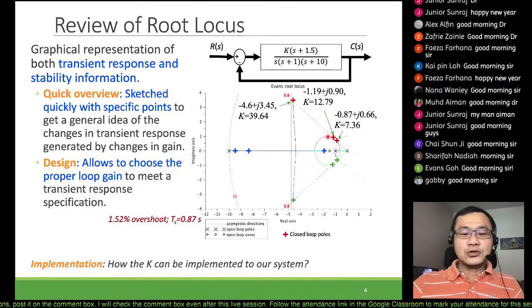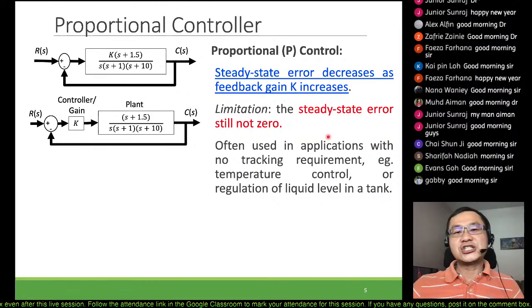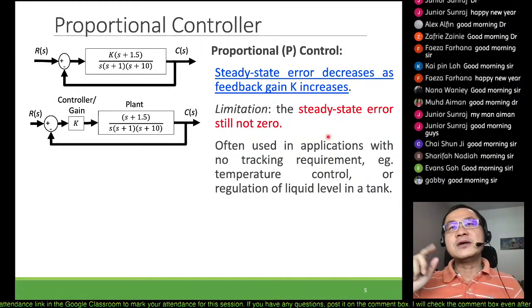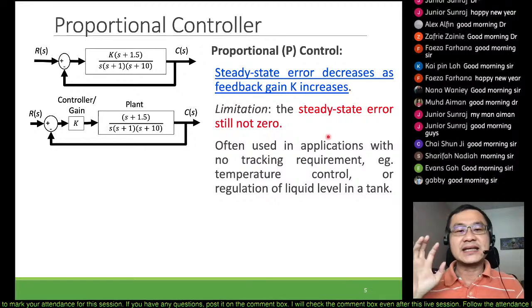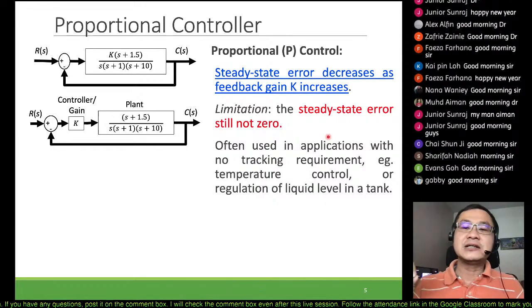So today we would quickly go into a bigger, overall picture. Remember, you have selected in the root locus the K value. The K value is actually referring to proportional control.